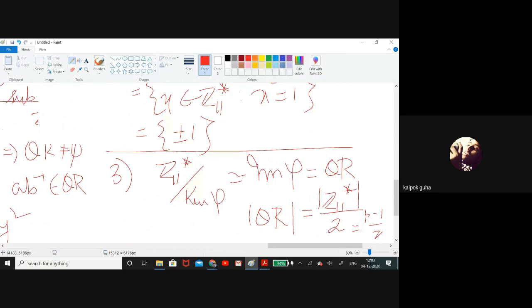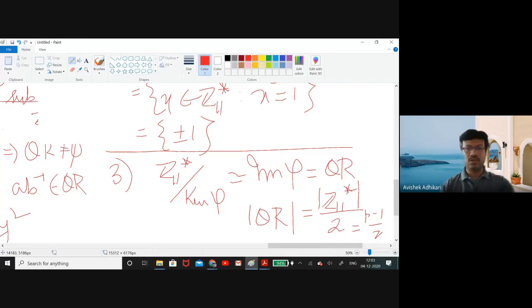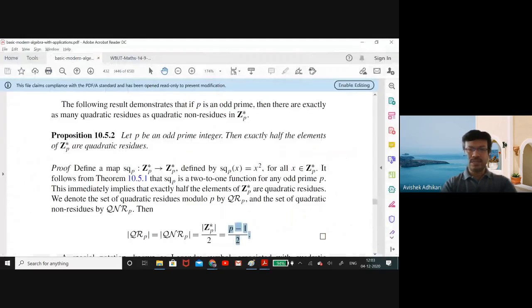Yes, sir. Good. In the book it is the same thing, but since in a book you cannot write it in a very detailed way, you can see that this is a 2 to 1 function. So every 2 elements go to a single element, and that gives you the idea of this proof.